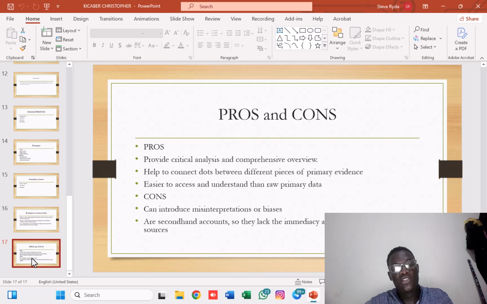Then the cons, the disadvantages. They can introduce misinterpretations and bias. Suppose you misunderstand someone's work or craft.